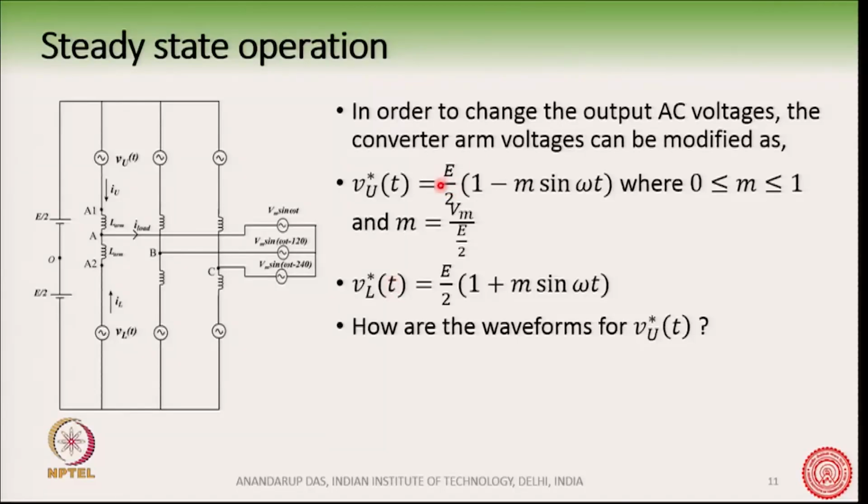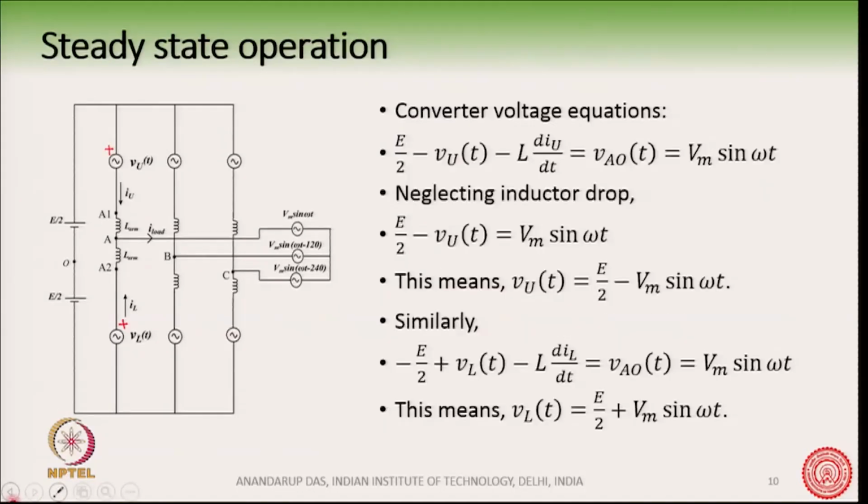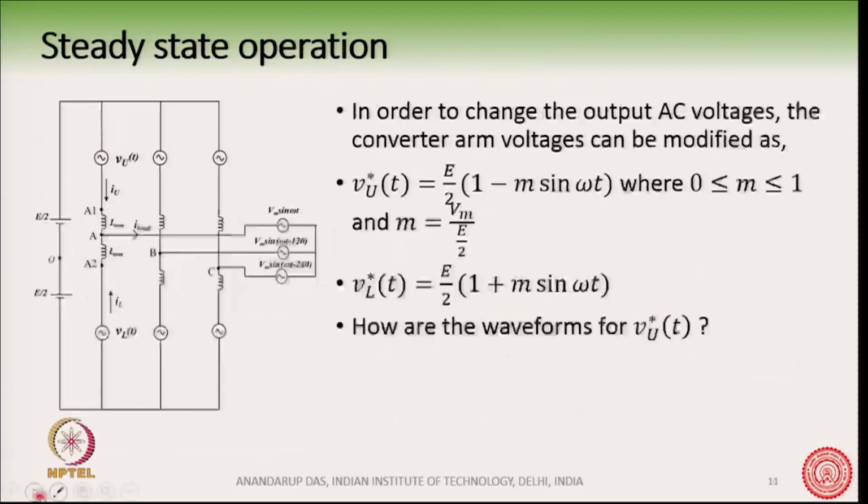So, the earlier equation was E by 2 minus V m sin omega t, and we are defining a modulation index m as V m divided by E by 2. So, that we write this equation here, where m is a factor which is possible to change. Okay. m can change from 0 to 1, okay. And so, the upper and lower voltages from the converter, these two here, can be changed.